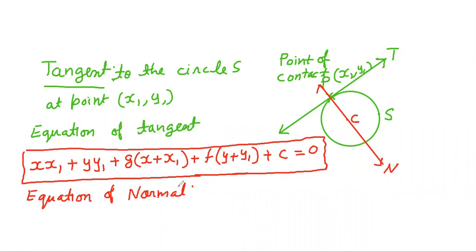So first of all, you should know what is a normal. Number one, normal and tangents are perpendicular to each other. You say normal is perpendicular to the tangent. At this point P, both are perpendicular to each other.